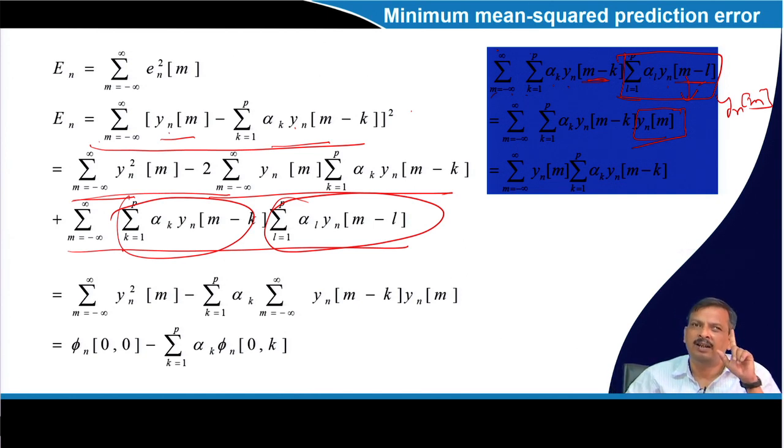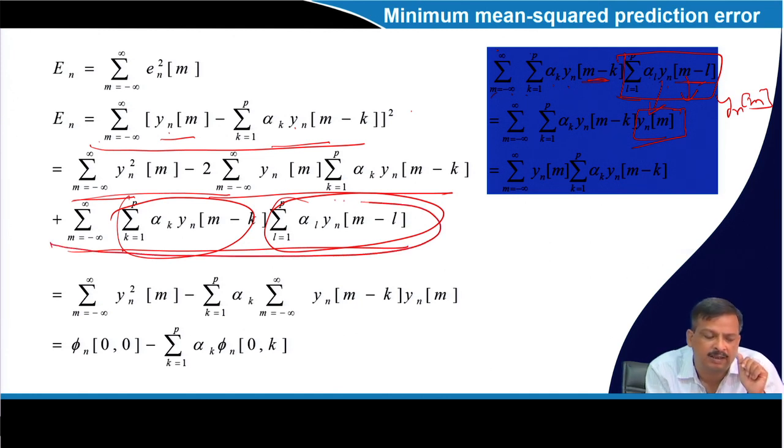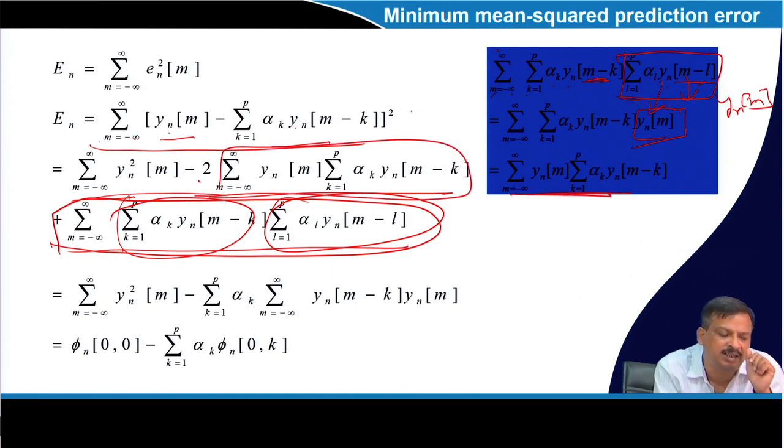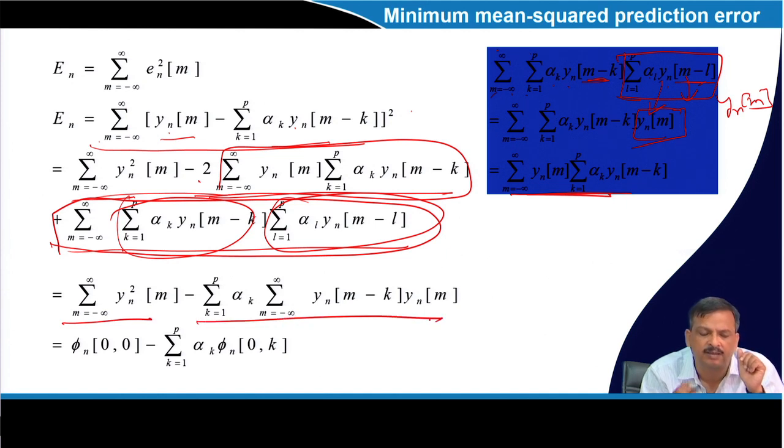For minimum mean square error, let us consider the error to be 0. So my estimation is correct, and I can say this is nothing but ym. So I can say that this product is nothing but this product. So it is 2 minus 1 of this, that is nothing but y square minus this one.